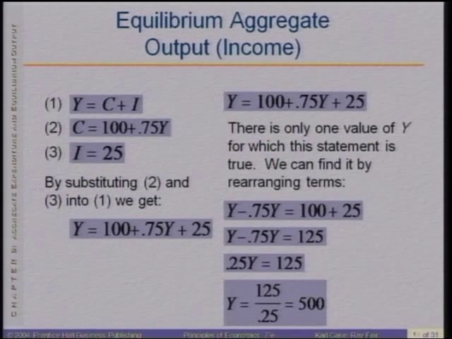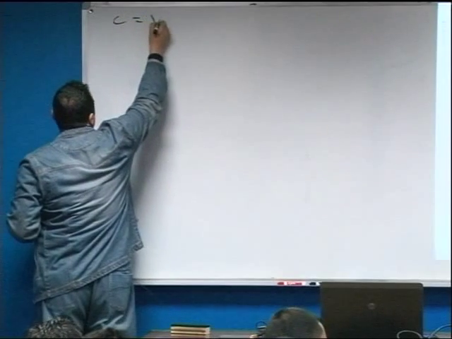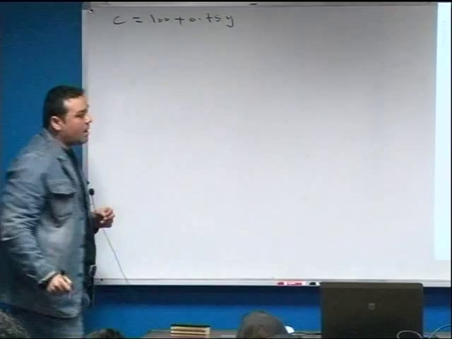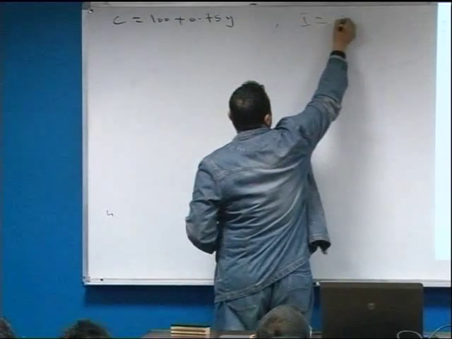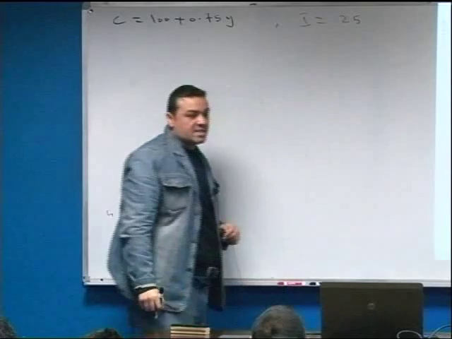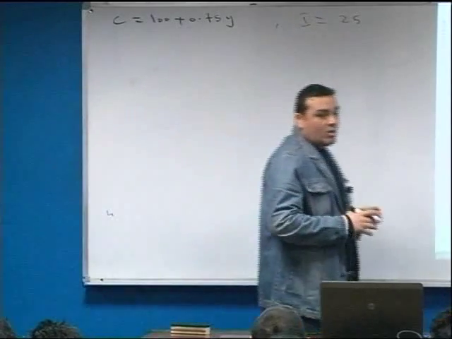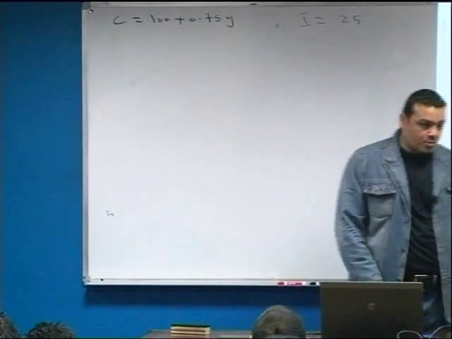Suppose that we have the following formula: C equals 100 plus 0.75y, and I, the planned investment, equals 25. The question is, derive the equilibrium aggregate output.